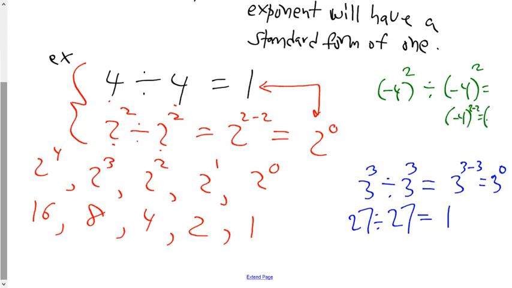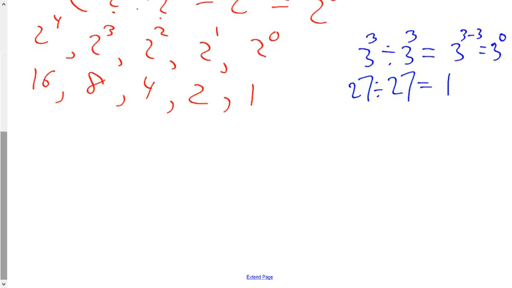Your answer will be negative 4 in brackets to the power of 0, exponentially. If I think of it in standard form, what is negative 4 squared? It is 16. So I'd have 16 divided by 16, which equals 1. Proof.